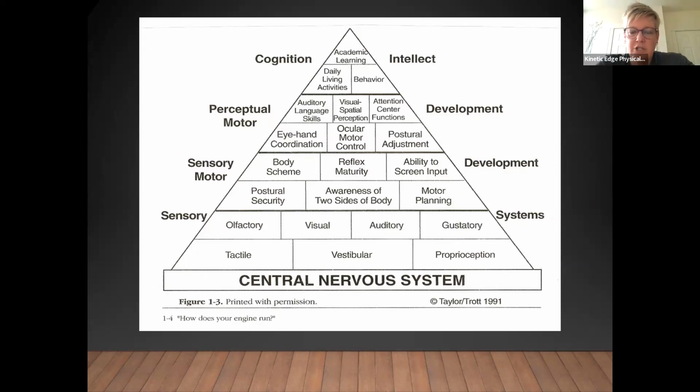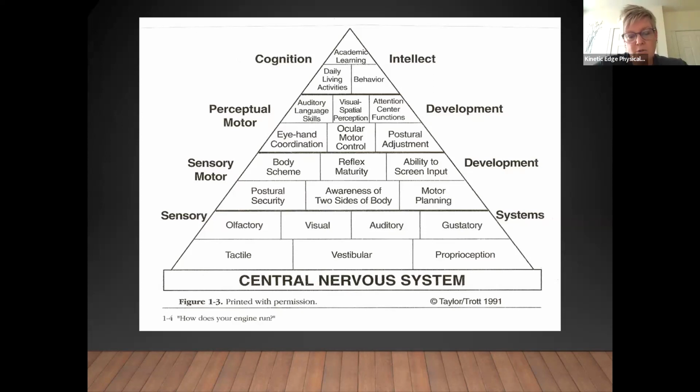If we look at a child's development like a pyramid, academic learning would be up at the top, followed closely behind by behavior and daily living activities. So dressing, bathing, grooming, hygiene, eating, those types of things. All of those skills require a pretty high level of cognition and ability to problem solve and reason and demonstrate executive functioning. And so that's really where we hope our child succeeds and is striving.